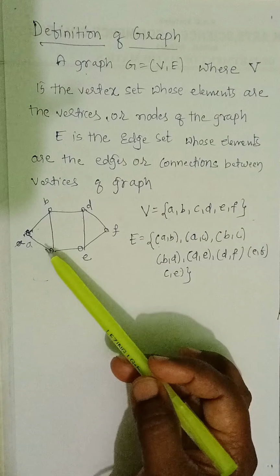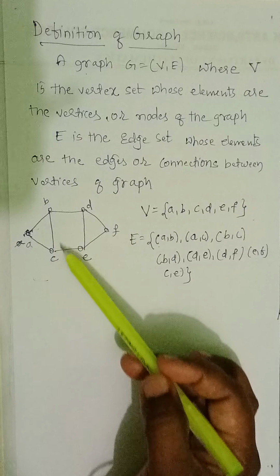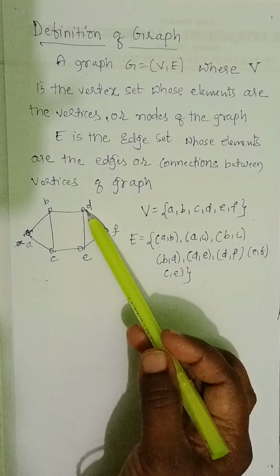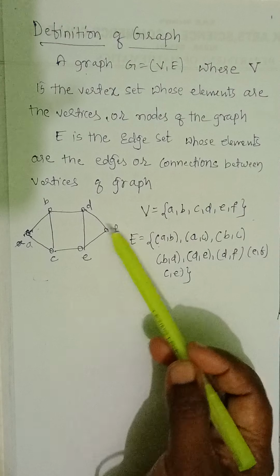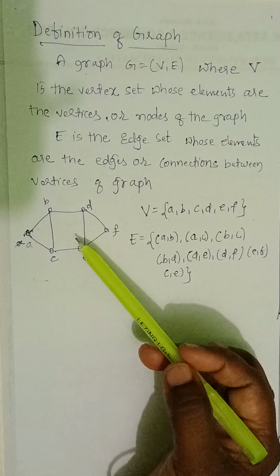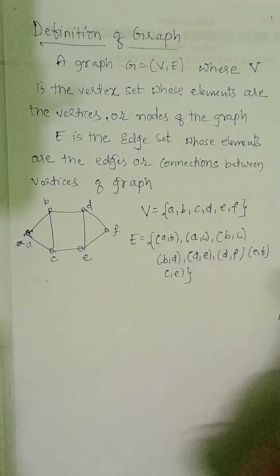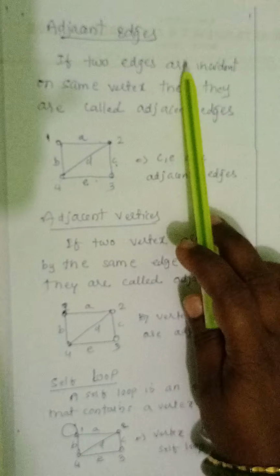Here in this example, AB, AC, BC, BD, DE, DF, EF, CE, all these are the edges of this graph.